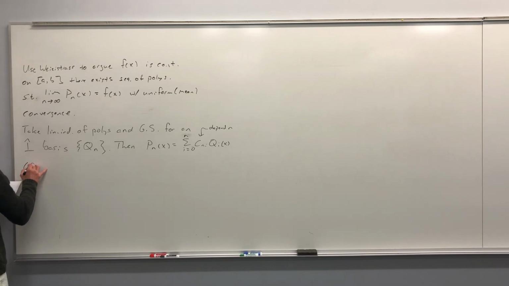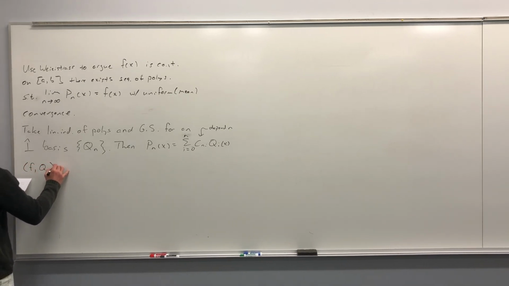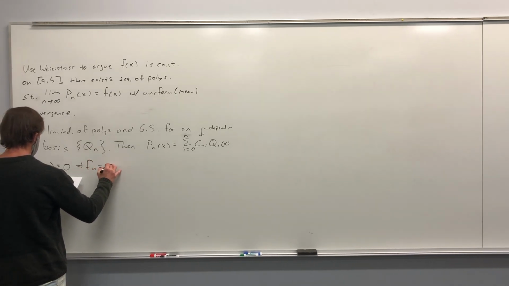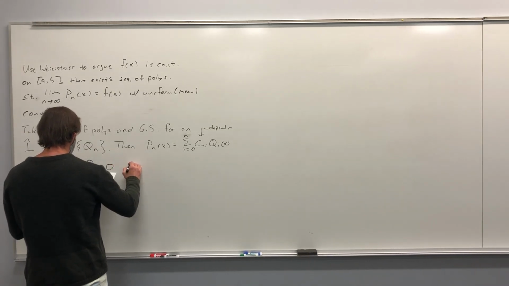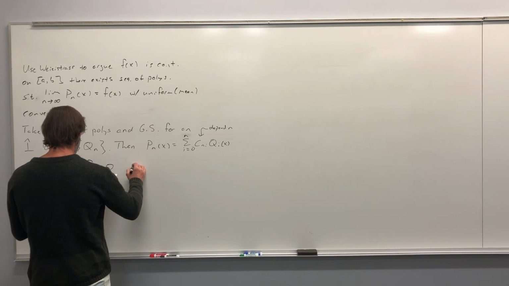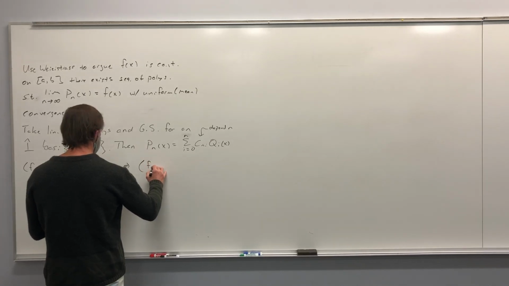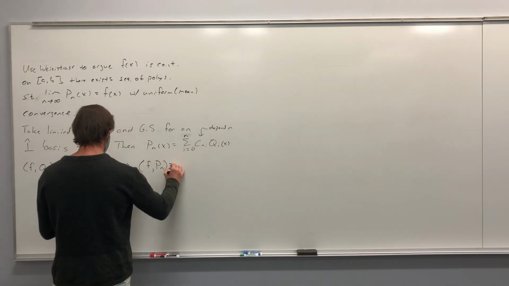We say if Fqn equals 0 implies that Fn equals 0, then this also implies that Fpn equals 0.